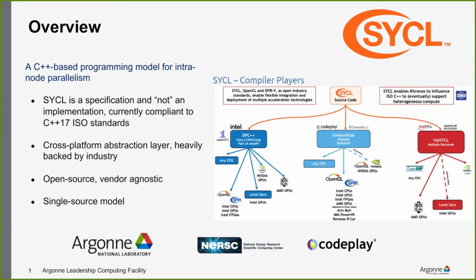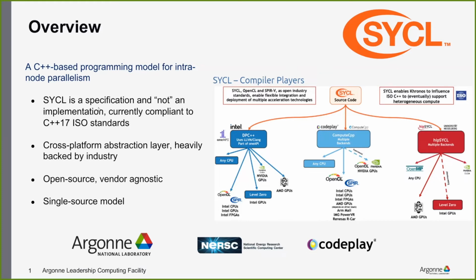I'll briefly talk about what SYCL is, the libraries, and a few practical aspects of how to use SYCL on Polaris. So SYCL is nothing but a C++ based programming model for intranode parallelism, similar to CUDA and OpenCL, initially motivated by targeting accelerators, in this case GPUs.